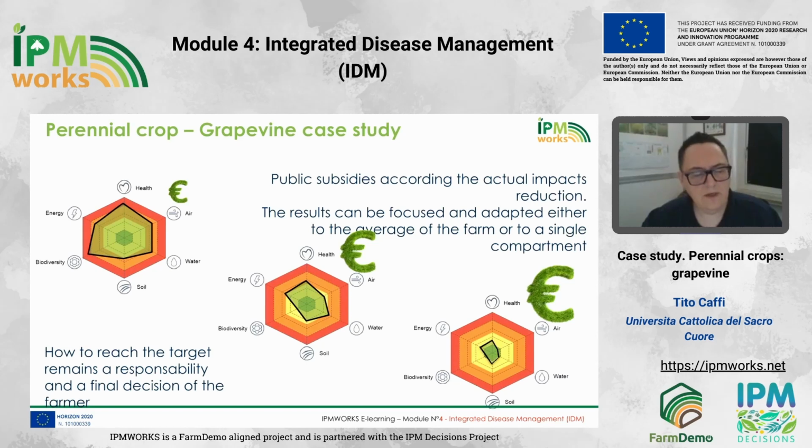In this way, we have already discussed it, but public subsidy should go in this direction to help farmers to get a specific focus, a specific target, and let them free to take under their own responsibility the final decision of the action to take, which type and which way.